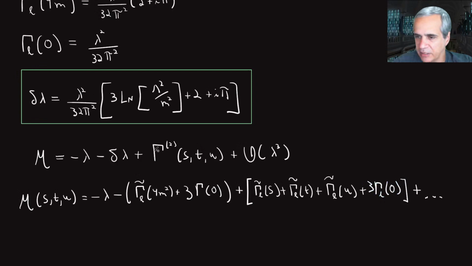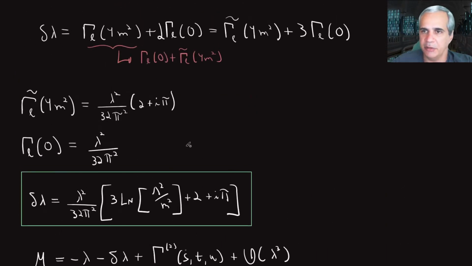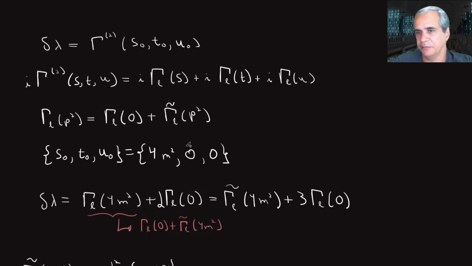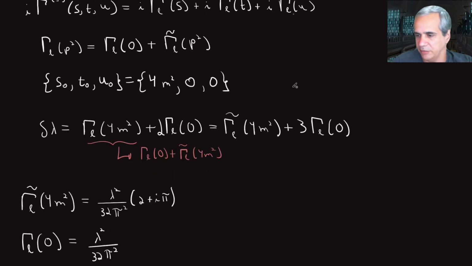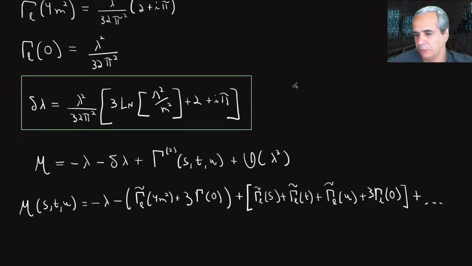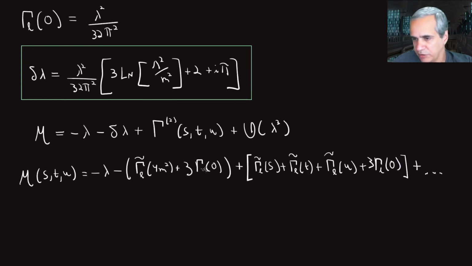So what I did here is just write each of these 3 contributions, this one, this one, this one, in this way. So I got 3 times gamma of 0 and the 3 gamma tildes calculated at S, T, and U. Now, the conditions were made so that this guy cancels out this one, which is the divergent part.